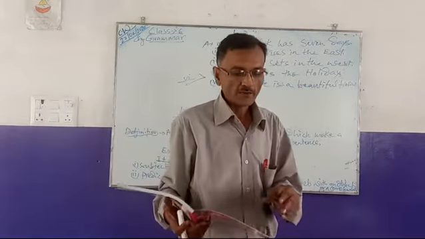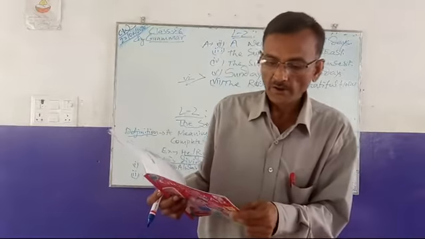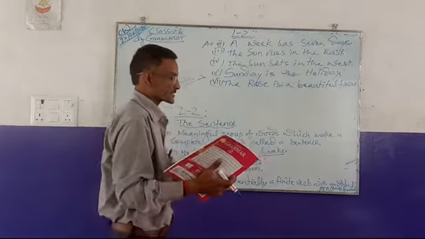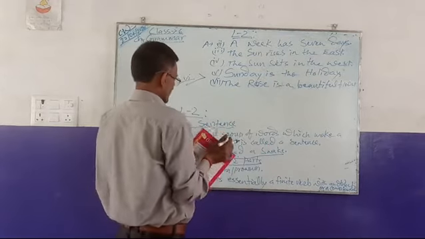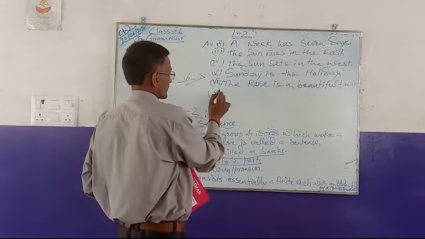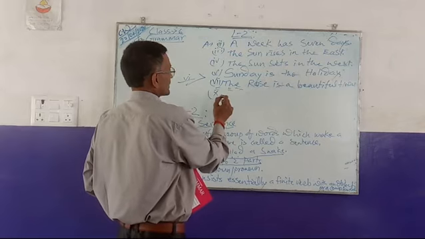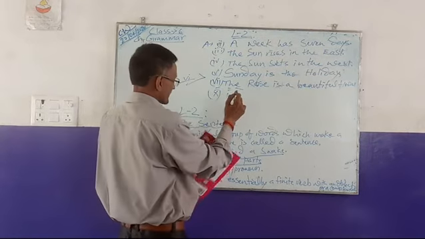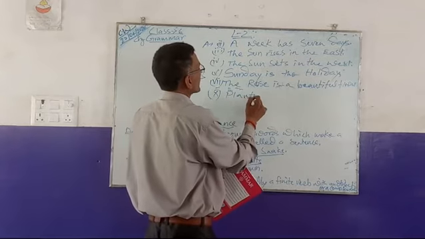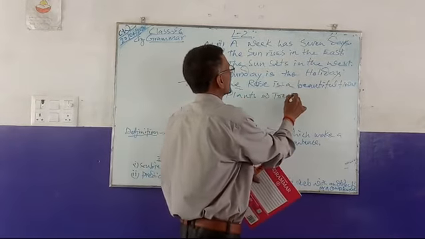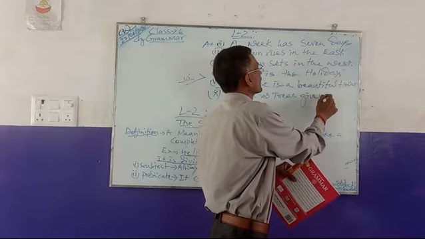And now further we find number 10: give oxygen. The plants and trees give us oxygen. Plants and trees give us oxygen.